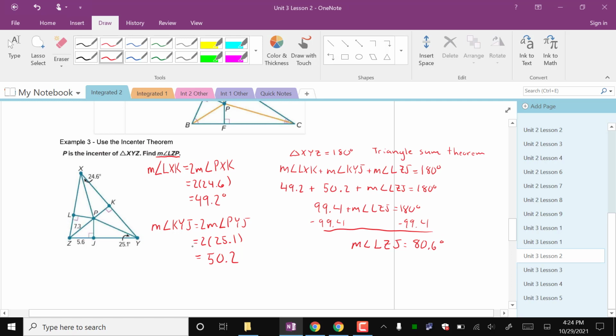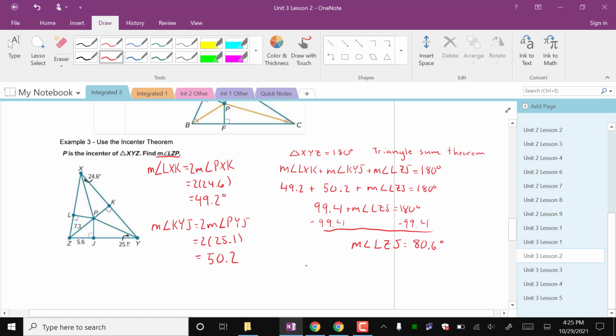So we have that this whole thing right here is 80.6 degrees, but we want LZP. We only want part of it. We don't want the whole thing. Well, we know ZP bisects this whole big angle right here.